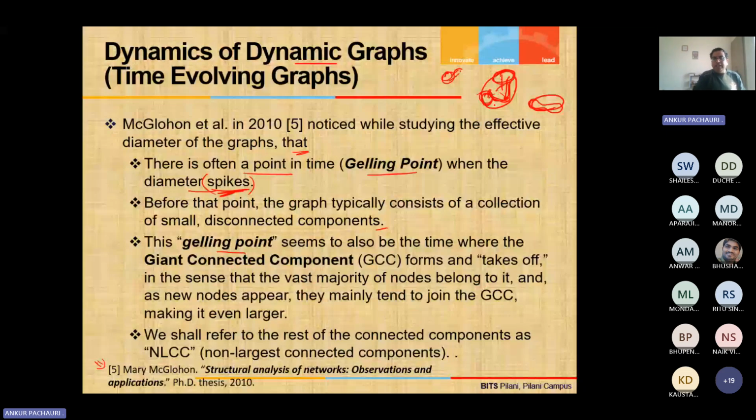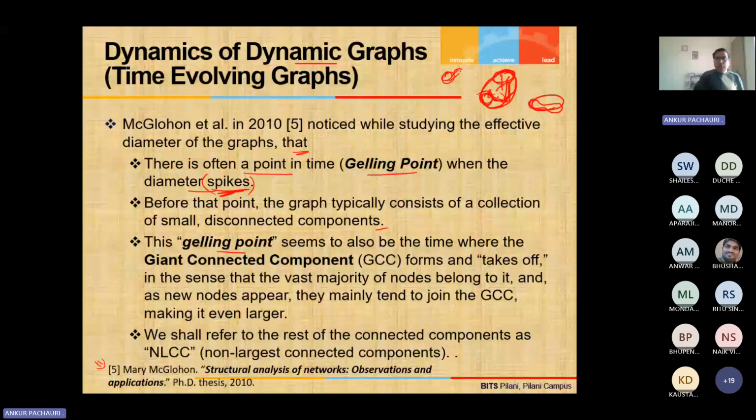Those small connected components merged together to form a bigger component. I've just taken an example of a single node; it may be 15 nodes added together, and suppose 10,000 edges. The diameter suddenly changed.